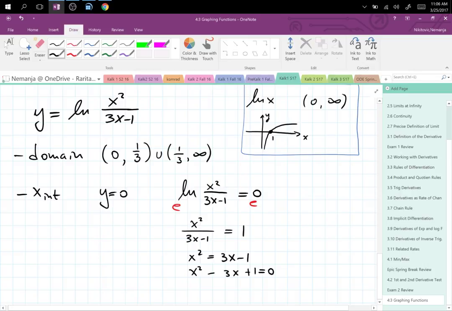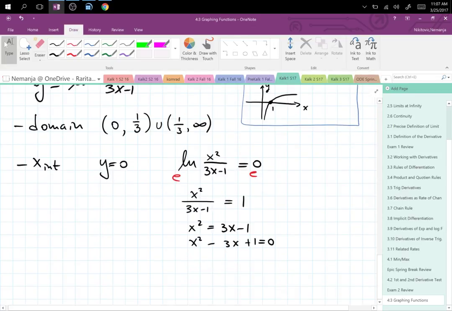Now, this is not factorable, but you can always use the quadratic formula, right? Negative b plus or minus the square root of b squared minus 4ac, and suffer through that.